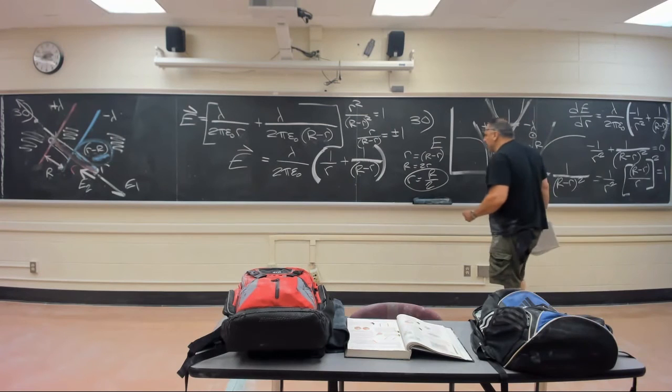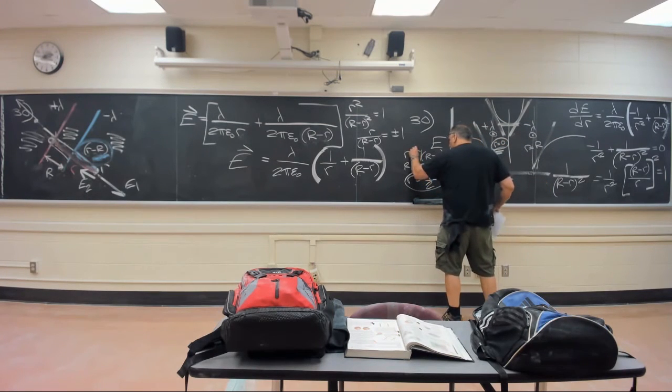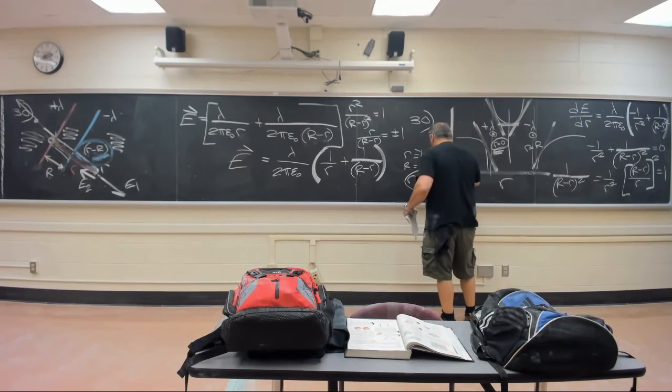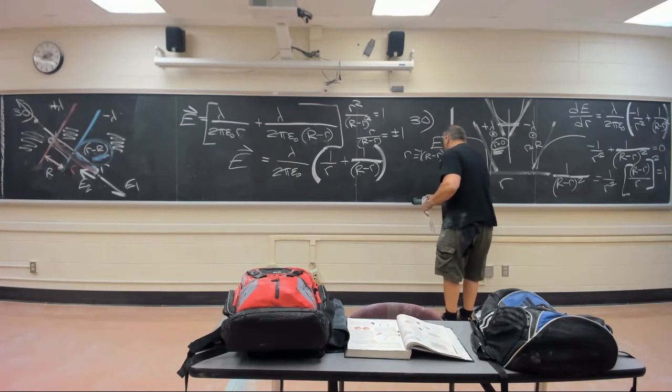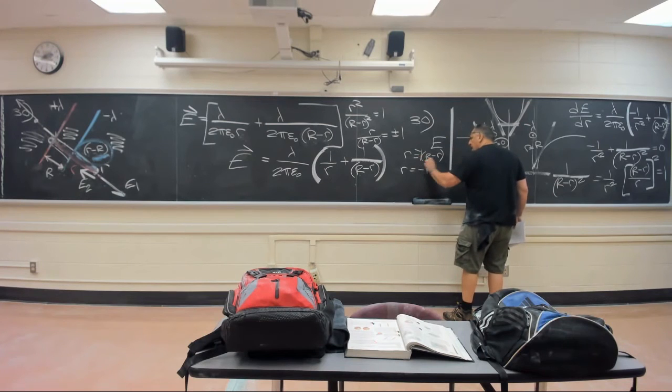On the minus scenario, you put a negative 1 right here. And so you got negative 1 right there, and you end up getting R equals negative r. Negative times negative is positive.